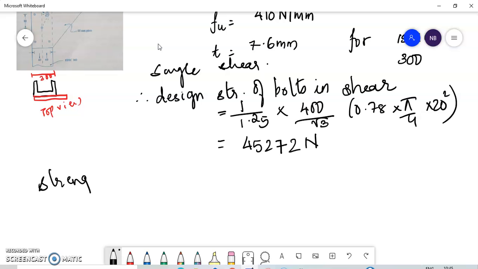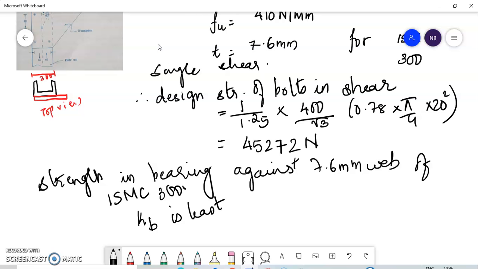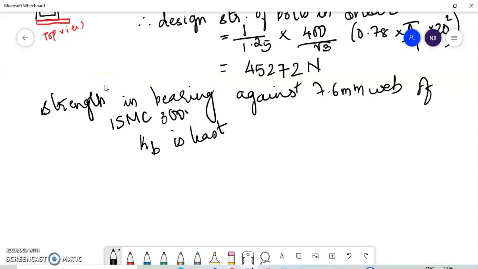Next, I need to calculate the strength in bearing. We know that KB is the least of these values.